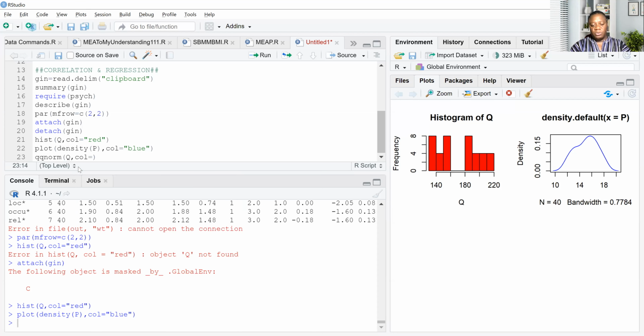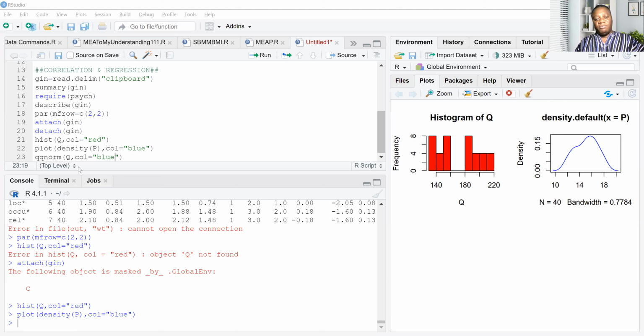Color is equal to blue. So do that. All right, so the color is blue.